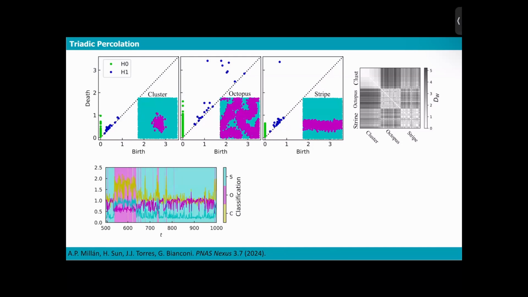And in this case, the different colors correspond to each of the 3 patterns. So as you can see, the patterns not only move in time, but we observe shifts between different topological patterns. In particular, here between these complicated patterns, which we call octopus, because, well, of how they look, and the stripes.